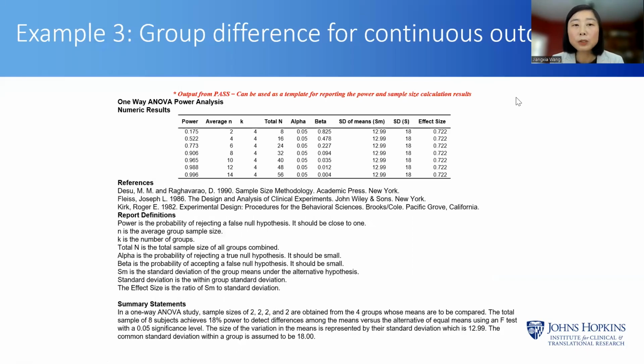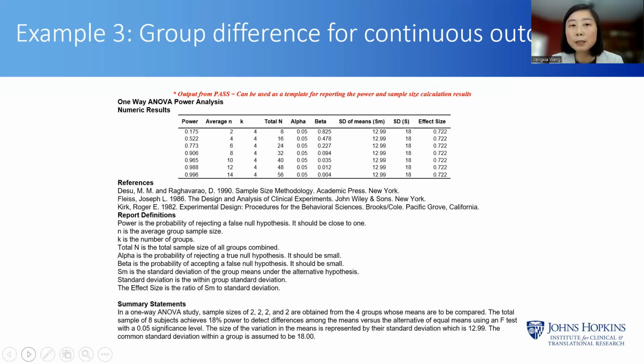So here, what you see is actually an output from another sample size calculation software called PASS. I don't expect you to have this software. It's quite expensive, but it has many features for more complicated sample size calculation.